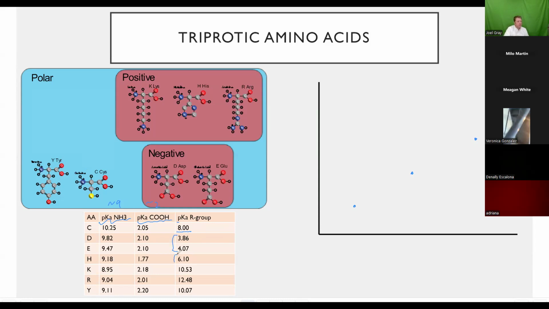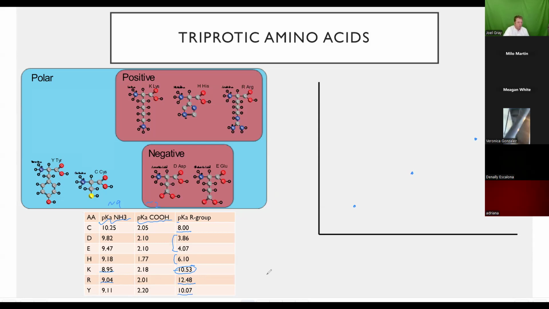The pKa for histidine is about 6. Lysine is 10.5. Oh, and before we proceed from there, that 10.5, that's higher than my pKa for my N-termini. Arginine, my pKa for my R group is also higher than the pKa for my N-termini. And same thing for tyrosine.